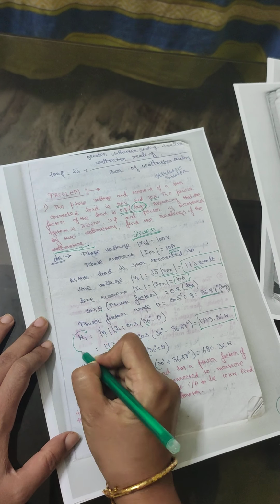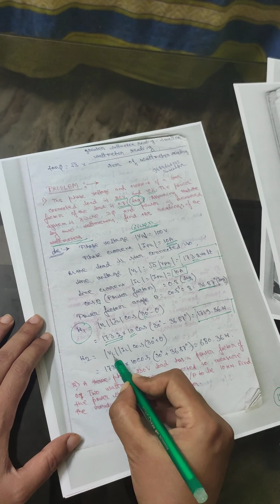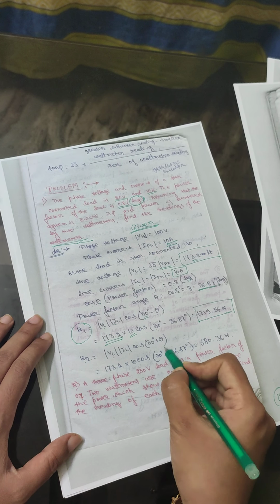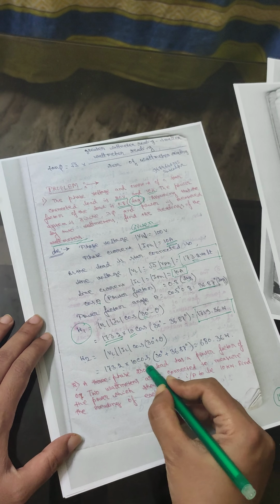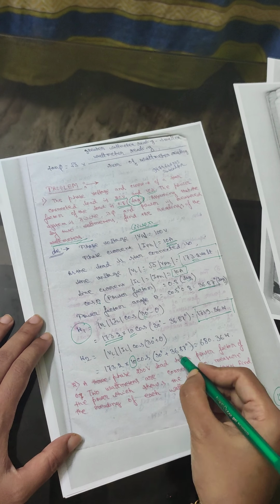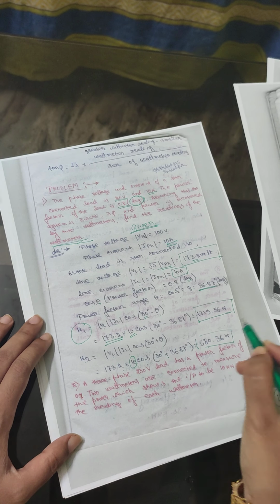So the number 1 wattmeter value we already got, and for the second one, WT equals VL IL cos(30 plus theta). Same thing, put the values here. So WT equals this one.